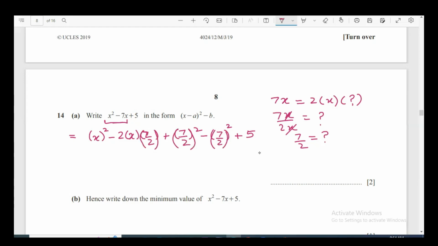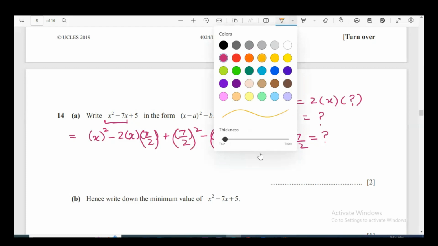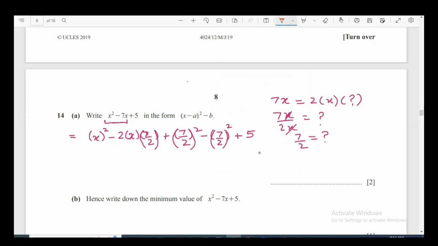So these three terms are an identity of a square minus 2ab plus b square. So recall the identity here: a square minus 2ab plus b square is (a minus b) whole square.